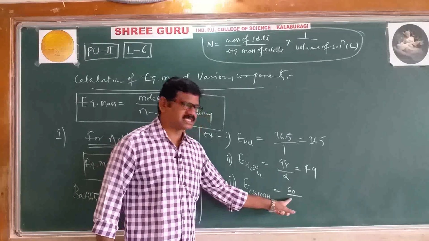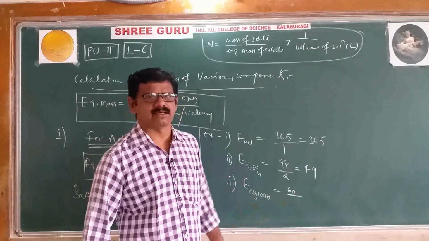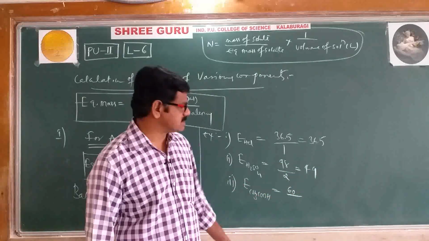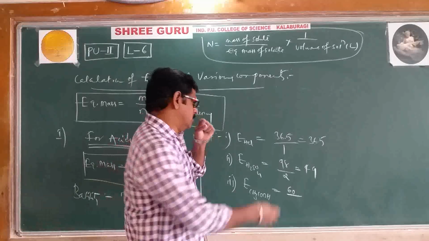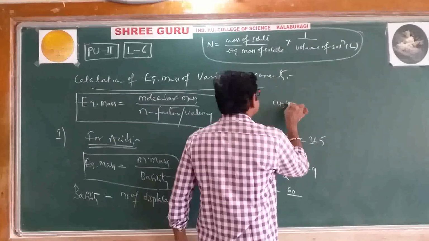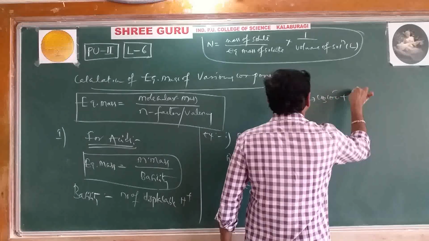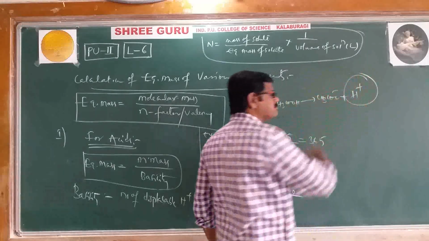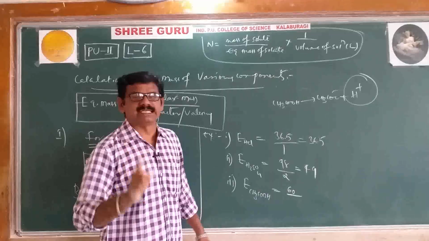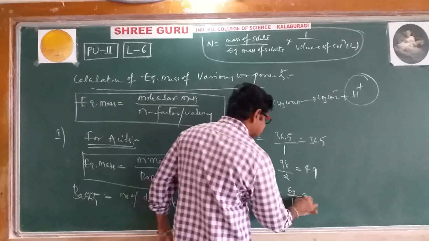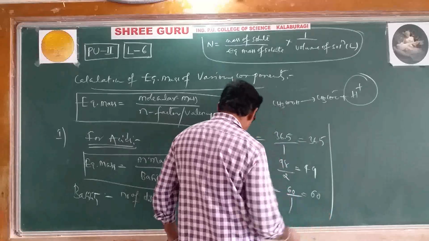Don't write 4 here, that is very important, because all 4 are not displaceable hydrogens. When acetic acid is dissociated, it gives acetate ions and H plus ions. Remember, the number of displaceable hydrogen ions is just 1. Just 1, so 60. One more example.